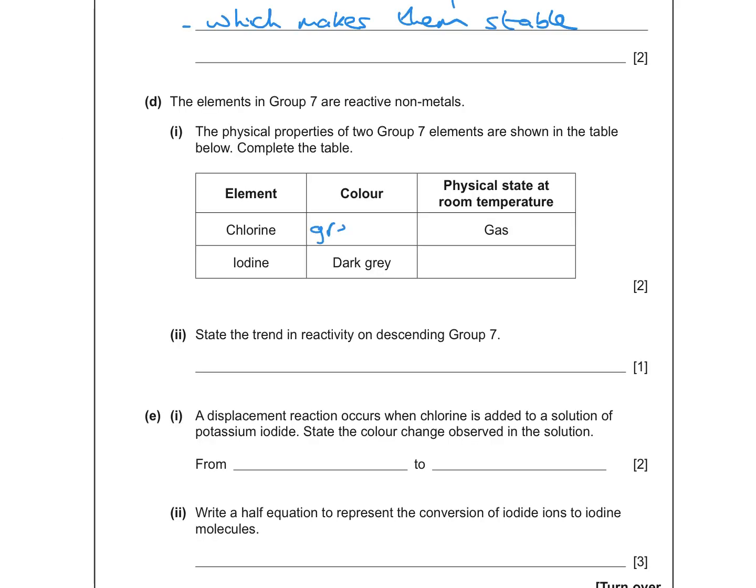Okay, on to D then, part 1. Chlorine is a green gas, or you can say a yellow-green, not yellow on its own. That's more the colour of fluorine. And then iodine is a grey or grey-black colour, and it's a solid. The reactivity as you go down the group, for non-metals, the reactivity decreases as you go down the group, and that's the opposite to metals.